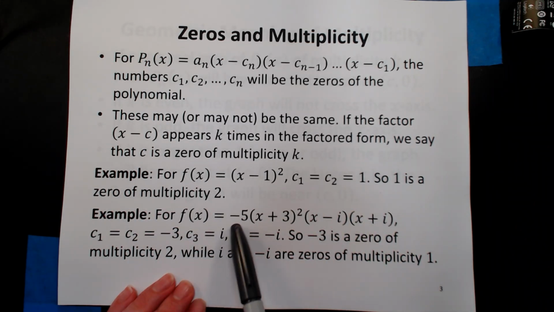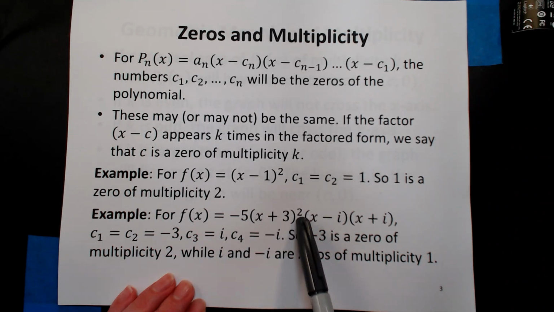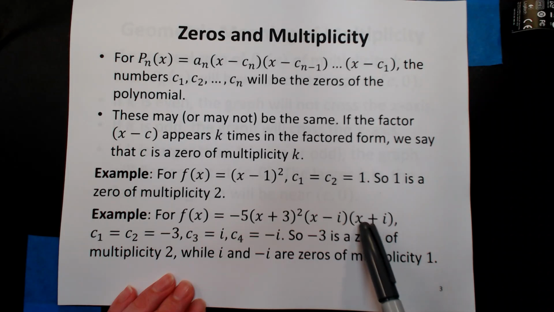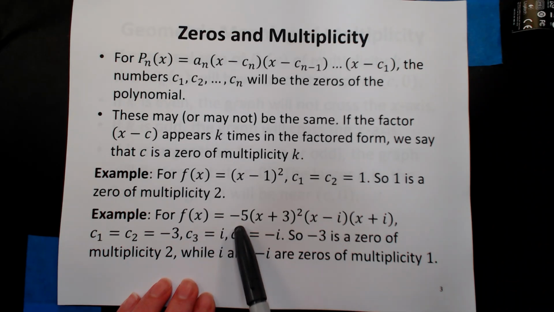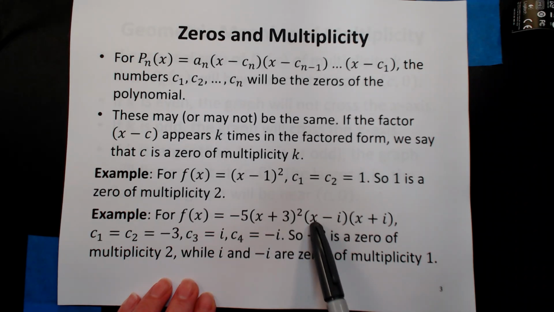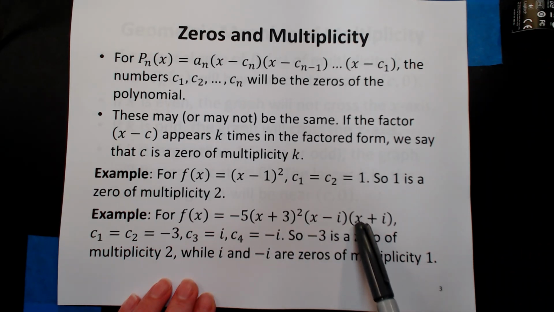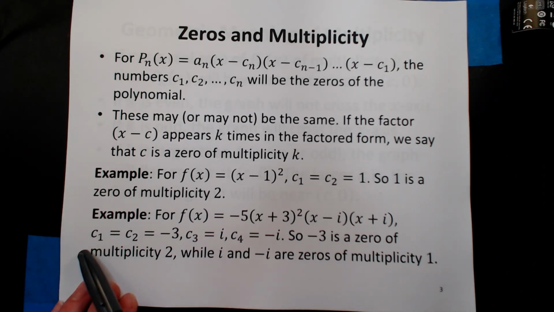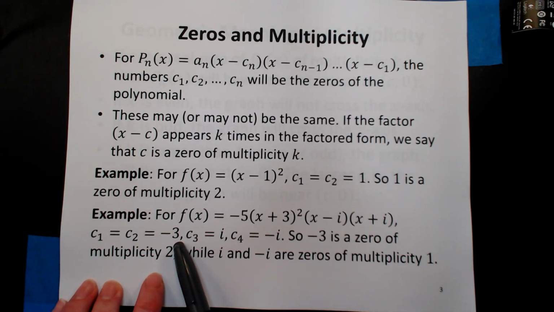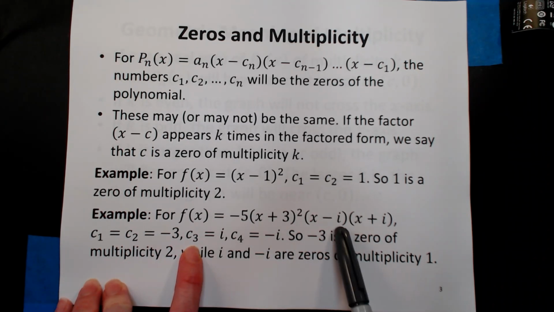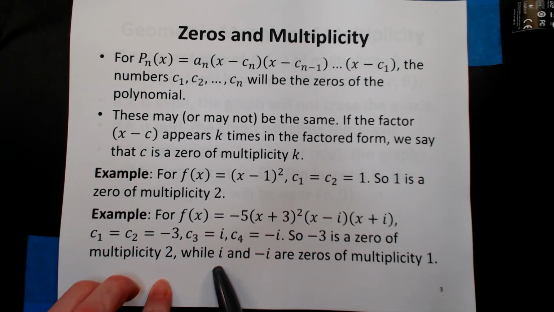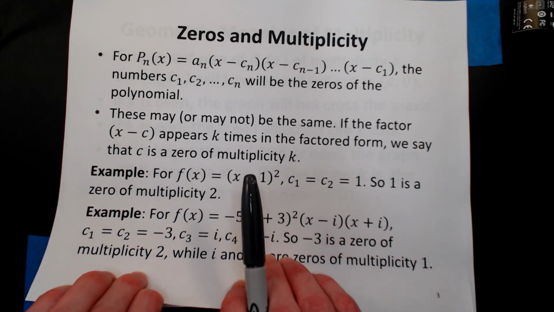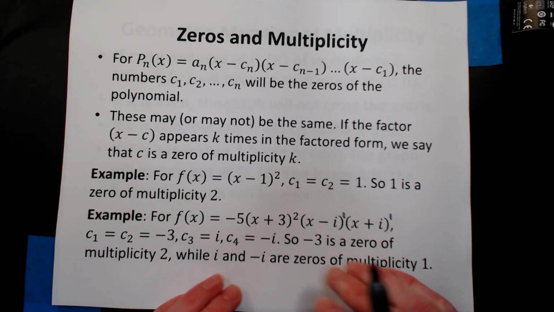For f of x equals negative 5 times x plus 3 quantity squared, times x minus i quantity, times x plus i quantity, we have our first two zeros, c1 and c2 equal negative 3, corresponding to this factor here. c3 equals i, and c4 equals negative i. So negative 3 is a zero of multiplicity 2, while i and negative i are zeros of multiplicity 1. They occur once. There's an understood first power here and here.